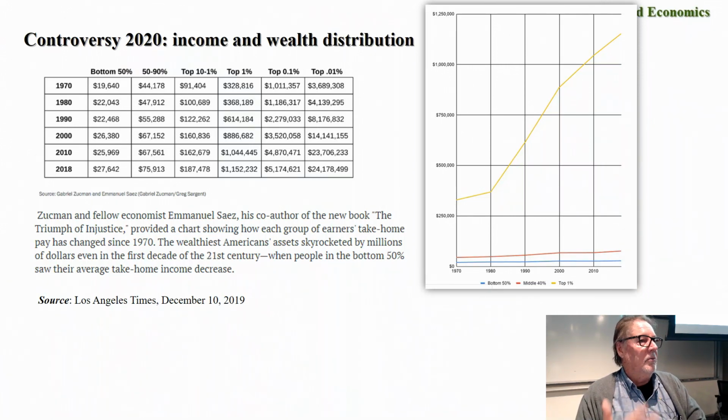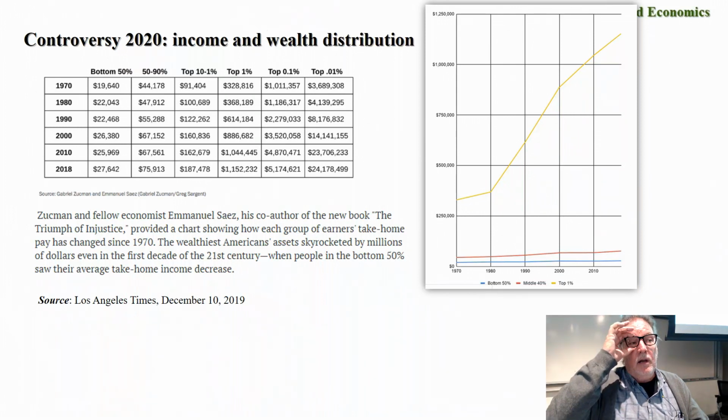And so study after study after study, where you use tax data, you use other kinds of data, income, wealth, and so forth, tends to demonstrate that in the modern economy, and especially the U.S. economy, but also the global economy, almost all of the gains in wealth especially, not so much income, but wealth especially, accrue to about the top 10% of the population.